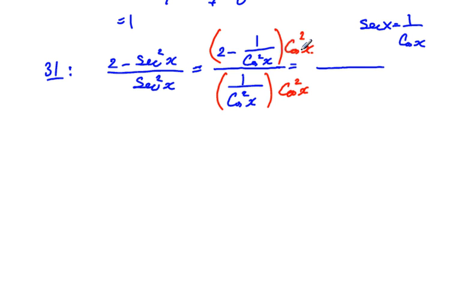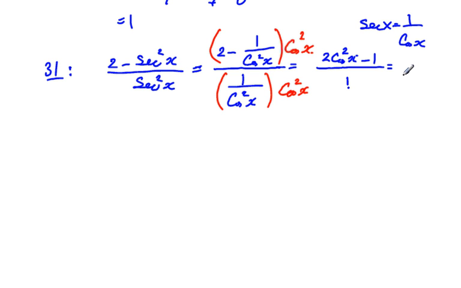Okay, help me out with the numerator. When I multiply this parenthesis with cosine square, what's the first entry that's going to show up? 2 cosine square of x. Minus 1, very good. So that cosine cancelled out. In the denominator, what am I left with? 1. Now 2 cosine square minus 1 should remind you of the identity.